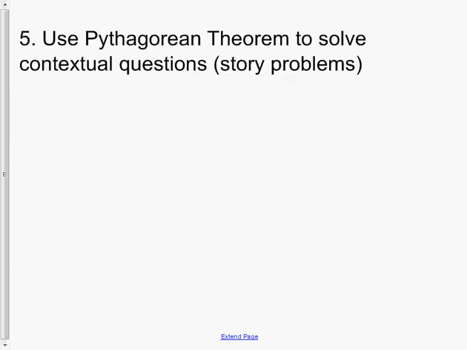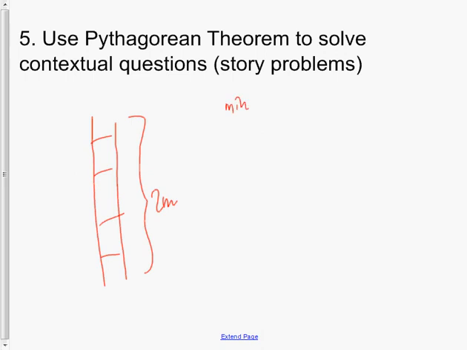And the final thing you should be able to do is use the Pythagorean theorem to solve contextual questions, aka story problems. The one we did today was on the ladder. So let's pretend we have a 2-meter ladder. Now on that 2-meter ladder, it says the minimum distance from the wall that ladder has to be is, we'll make it less than 50 centimeters, we'll make it 40 centimeters away.